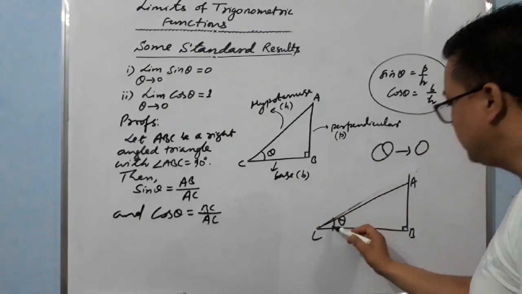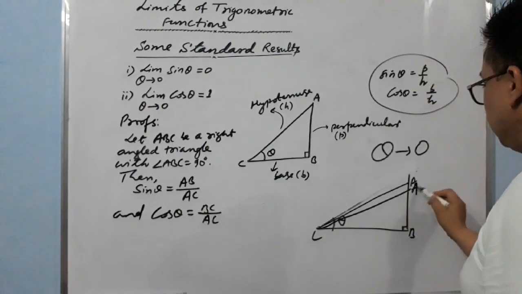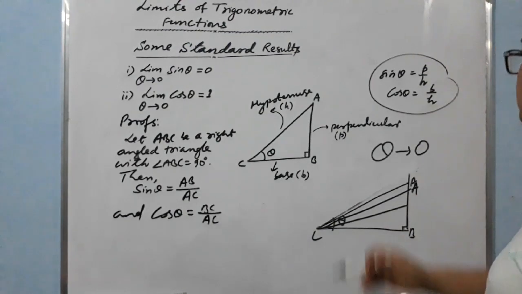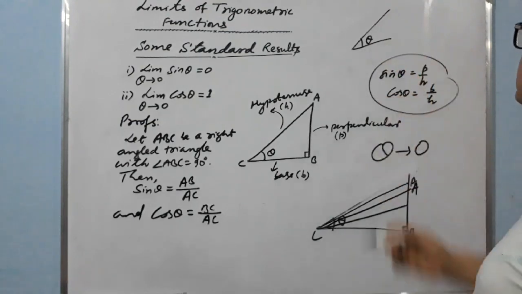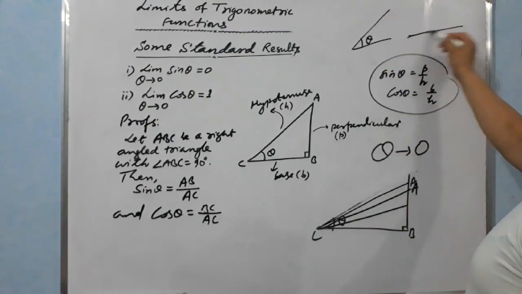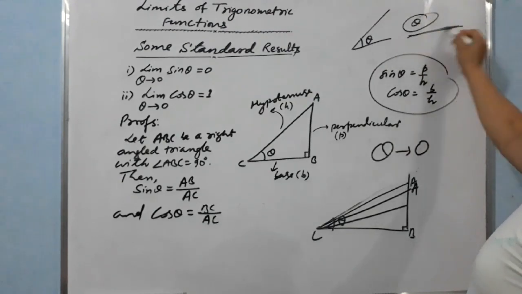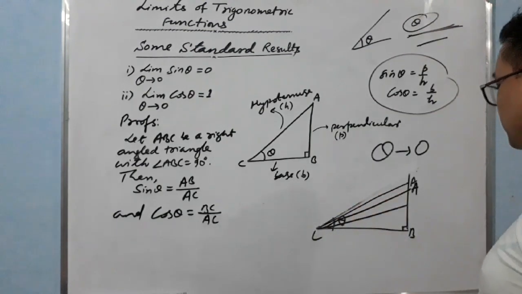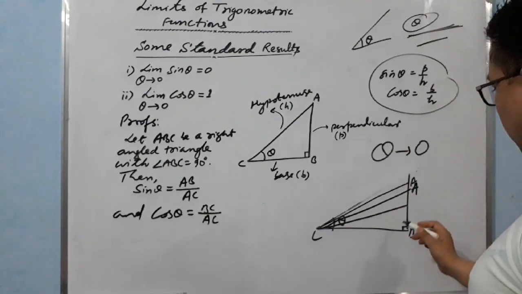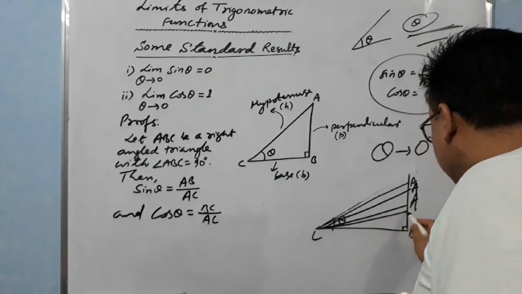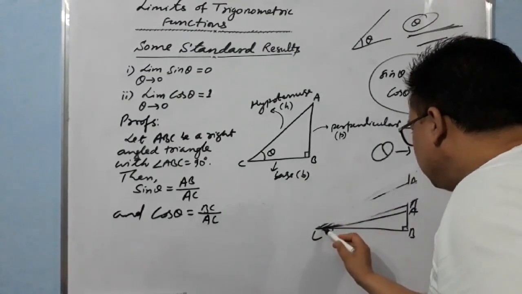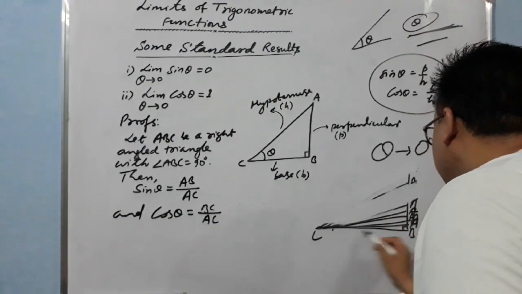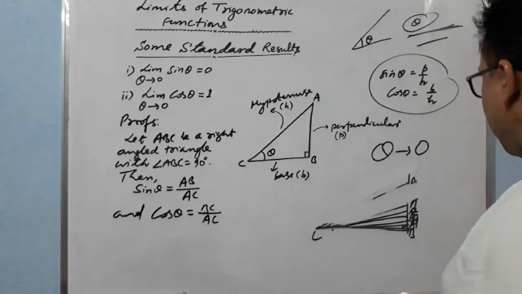A will come here. Theta is moving towards 0. When two lines coincide with each other, then the angle between them is 0. In this case also, theta is near to 0, and A is here.